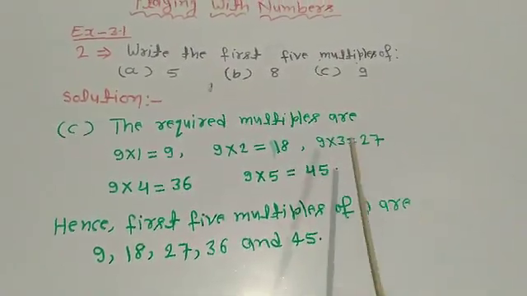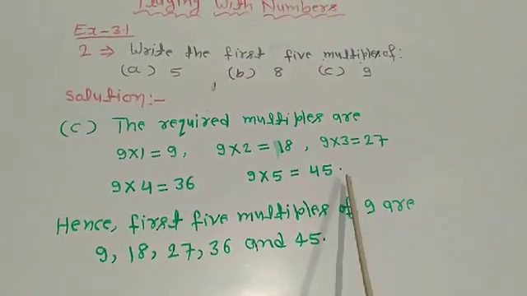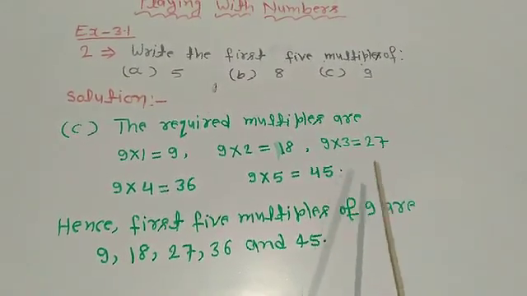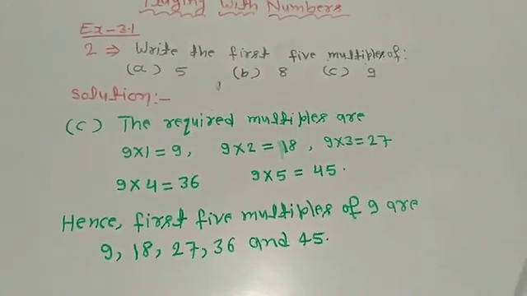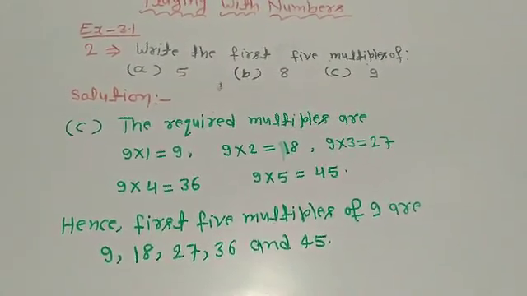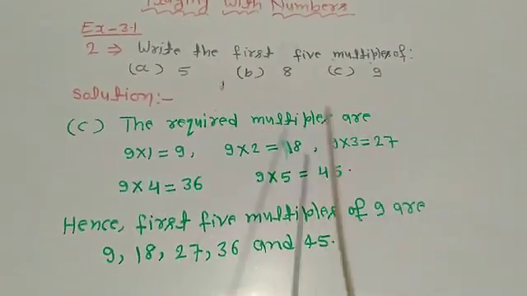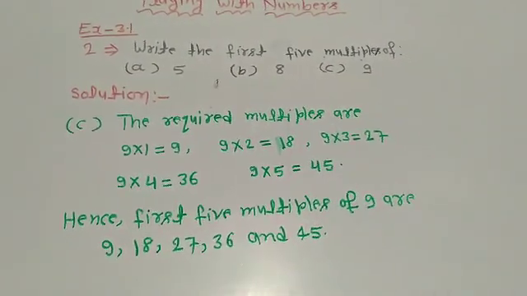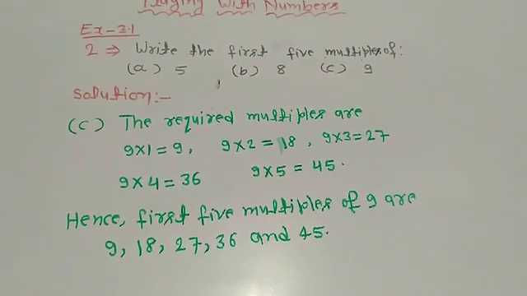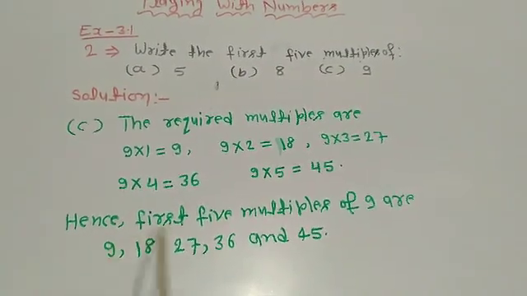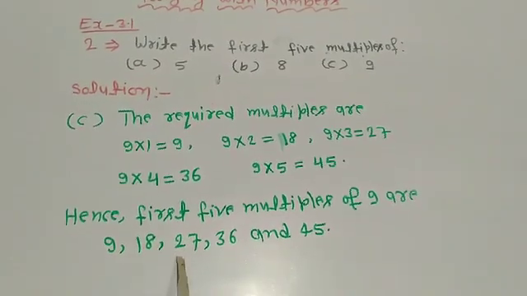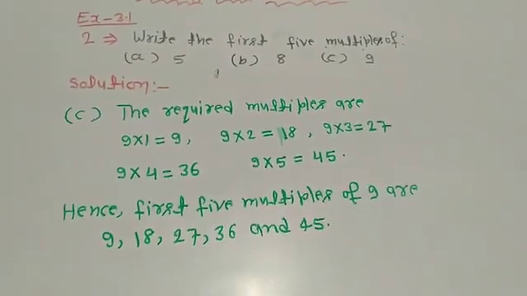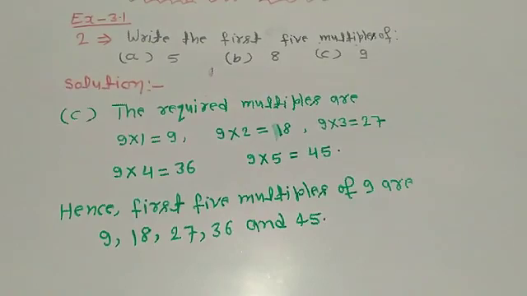Okay. After this come 54, 63, 72, 81, 90 and so on, the multiples of 9, but we did only the first 5 multiples of 9. So the first 5 multiples of 9 are 9, 18, 27, 36 and 45.